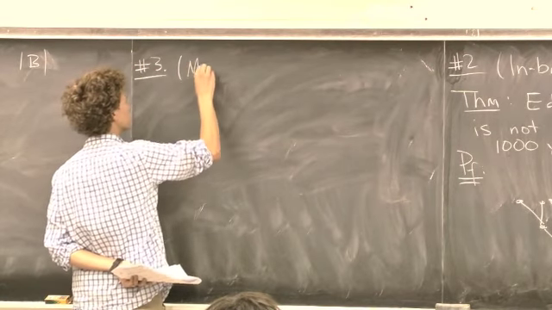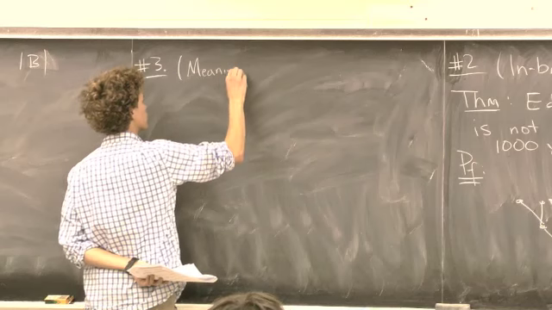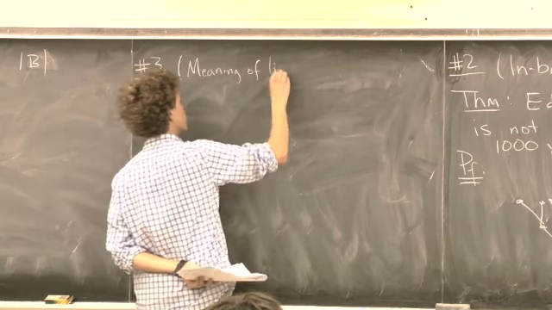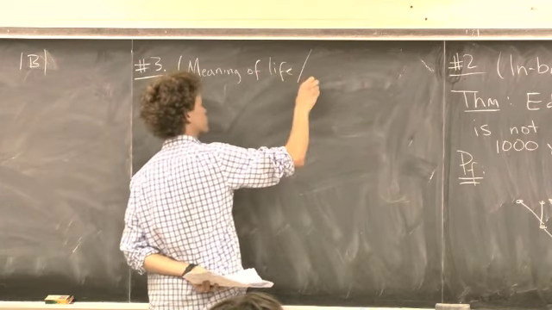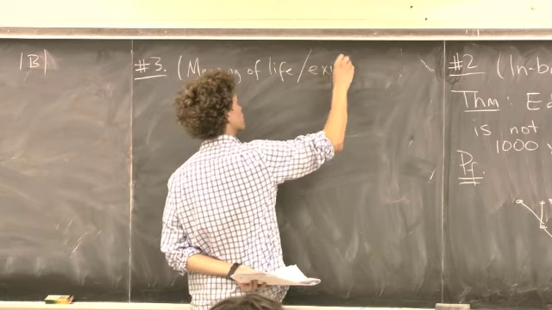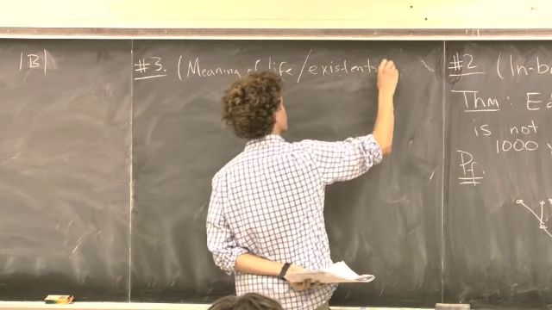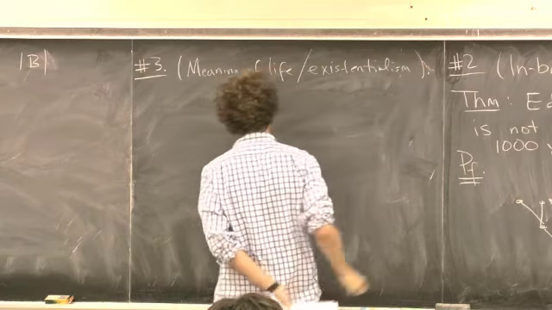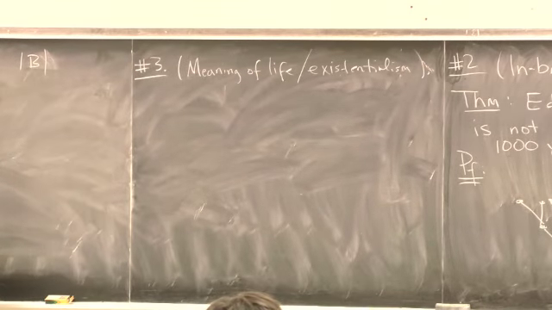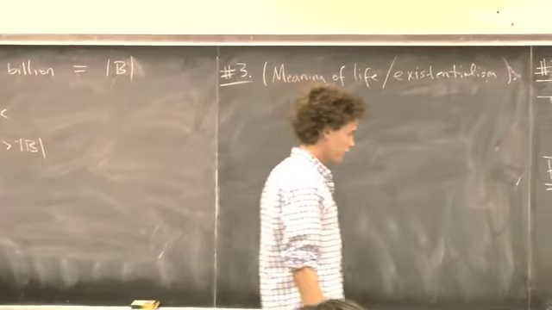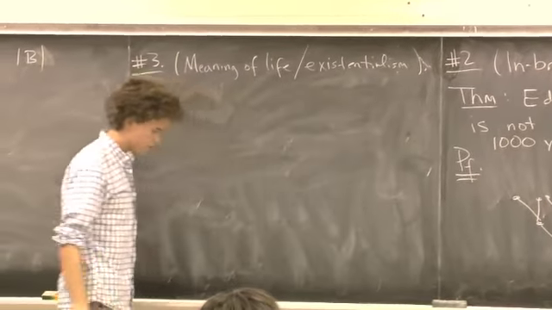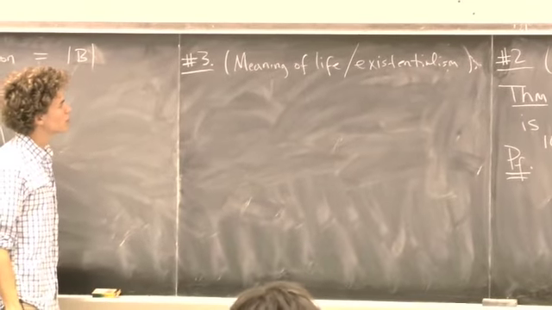So this is going to be meaning of life, maybe existentialism. All right. So we're going to start with the math, and we'll go figure out the meaning of life after we do the math.